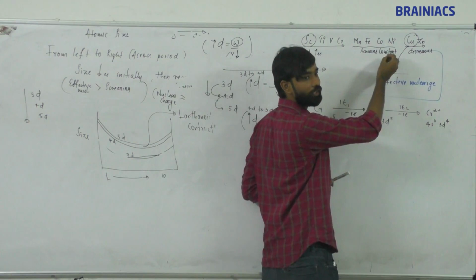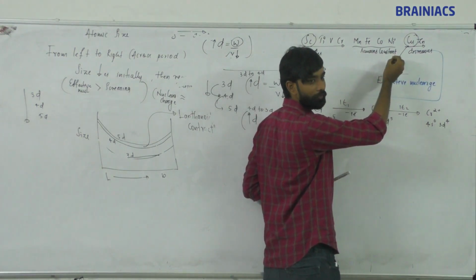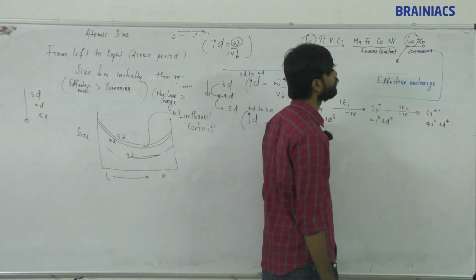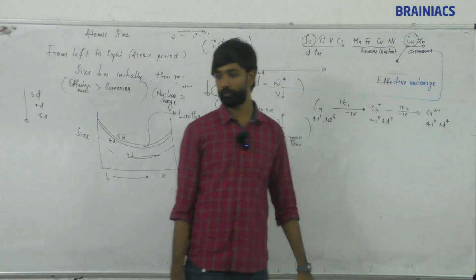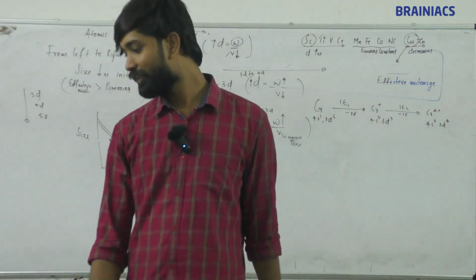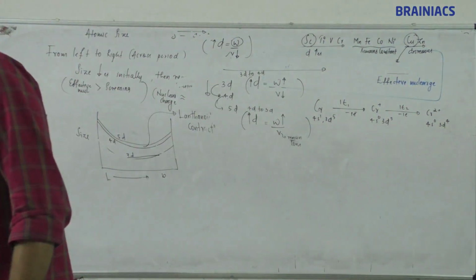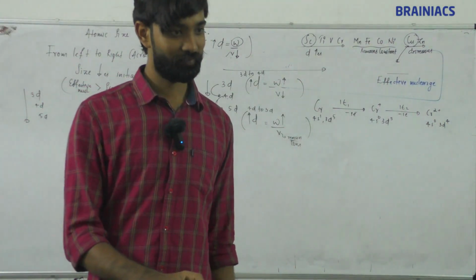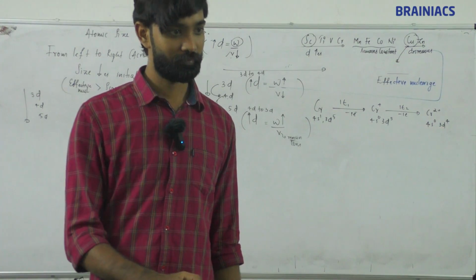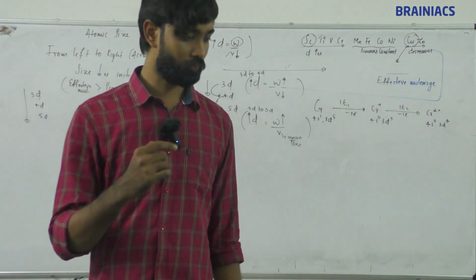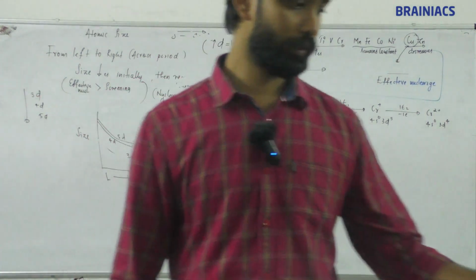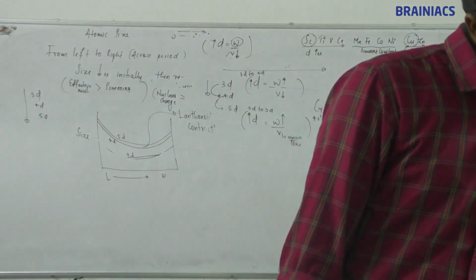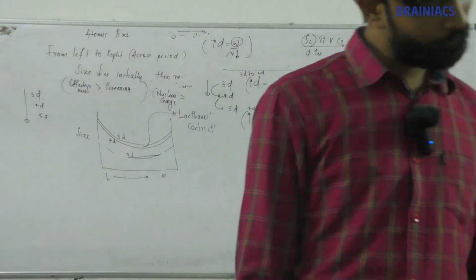In the 3D series, copper has high density and scandium has low density. What is written in your note?